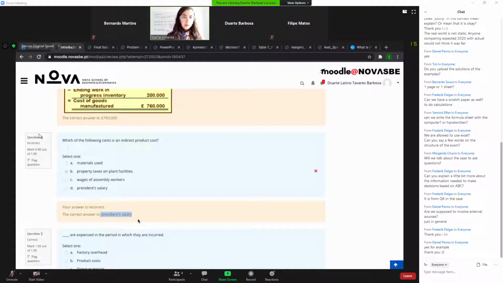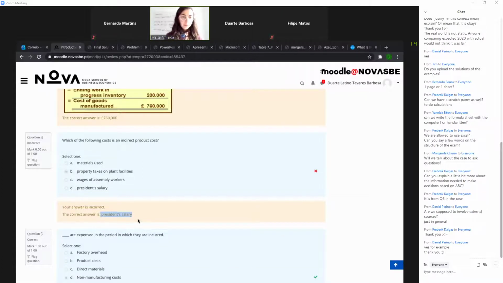Não é um period cost? É uma boa pergunta. Exatamente, bom raciocínio. Aqui podíamos argumentar isso. É que essa foi a minha questão. Eu fiquei confuso com todas as opções.